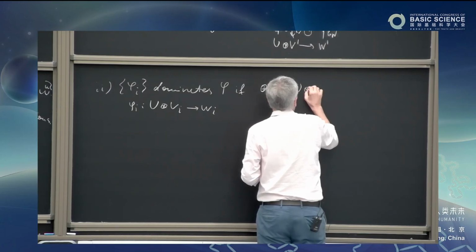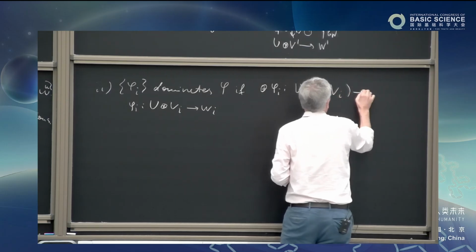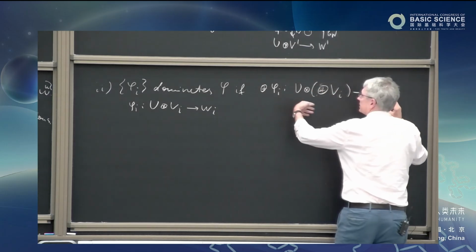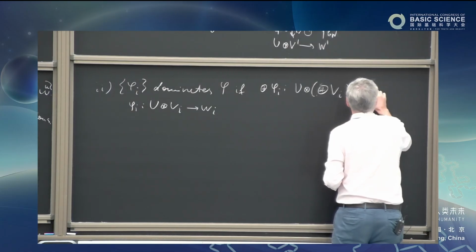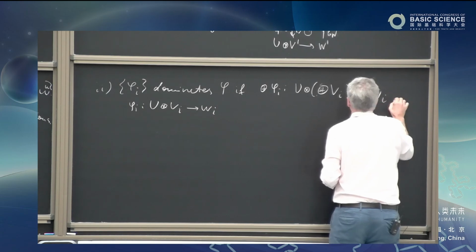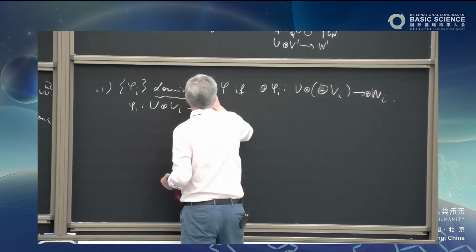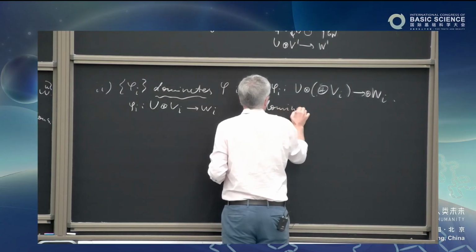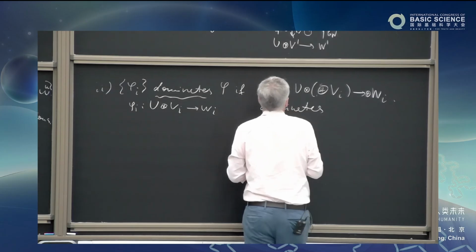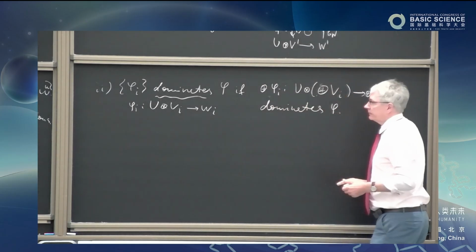So it's the sum of Vi's going into the sum of Wi's, and the tensor is the sum of tensors. So we say that this family dominates phi if the sum dominates phi in this sense.